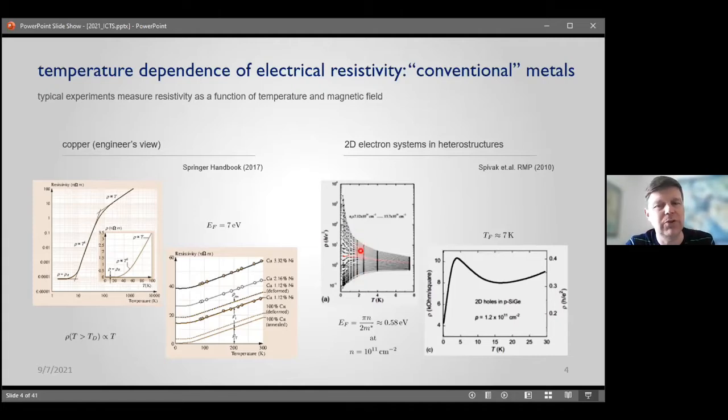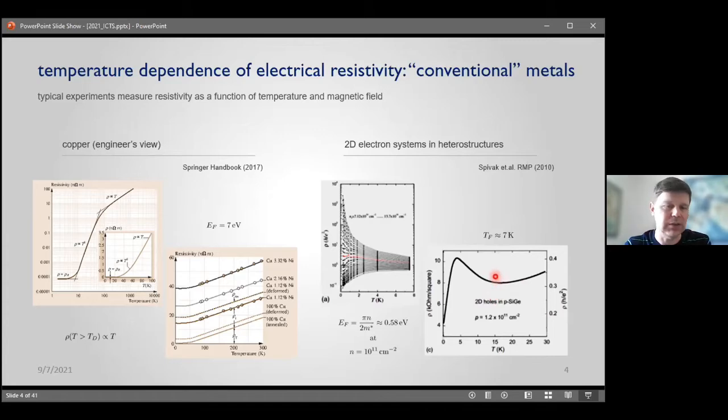One way of trying to understand these curves is to look at the quantum interference corrections to the semi-classical Drude-like picture, and that's where interaction plays a role and may distinguish between metallic-like and insulating-like temperature dependence. However, this behavior is not very well understood. And even less well understood is the behavior on the right, where there is this profound minimum in the temperature dependence of resistivity at temperatures which already exceed the Fermi temperature.